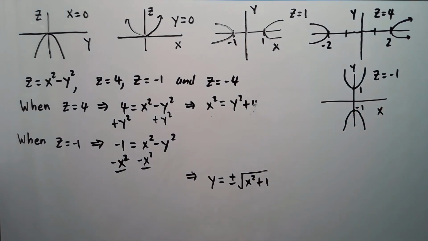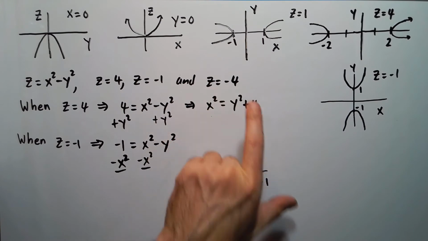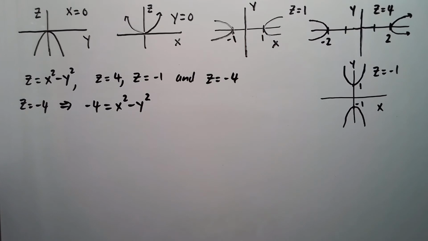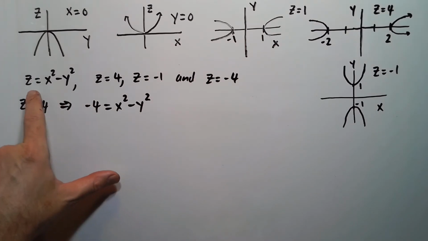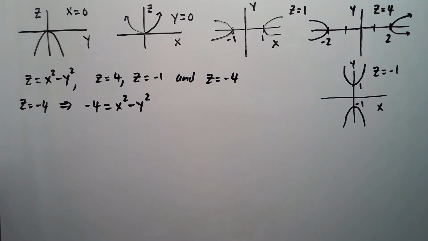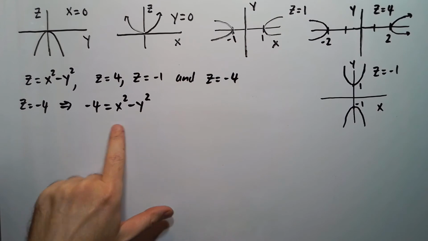Okay, and lastly, let's do z equals negative 4 now. So I'm going to erase this guy here. Let's do z equals negative 4. Okay, so letting z be minus 4 here, you have minus 4 equals x squared minus y squared. So this one we're going to solve for y also.